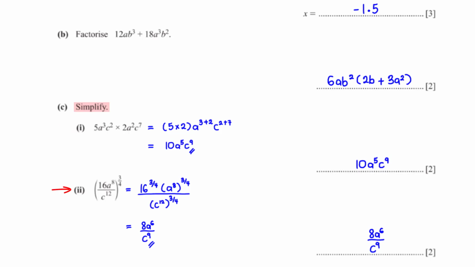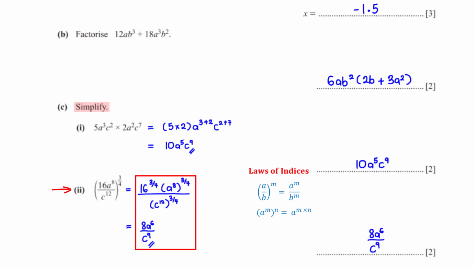Simplify 16a raised to the power 8 divided by c raised to the power 12, all raised to the power 3 over 4. By applying the laws of indices, the power 3 over 4 affects all the terms in the brackets. So we have 16 raised to the power 3 over 4 times a raised to the power 8, all raised to the power 3 over 4, divided by c raised to the power 12, all raised to the power 3 over 4. 16 raised to the power 3 over 4 is 8.